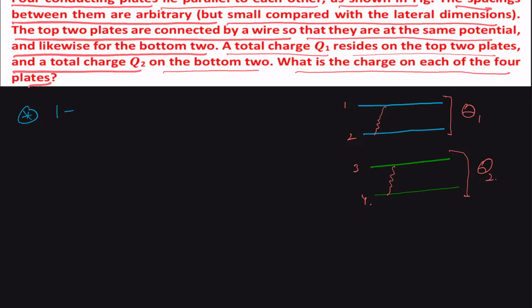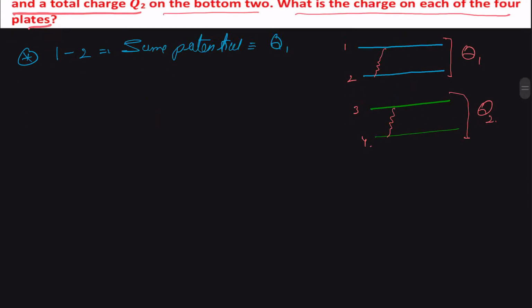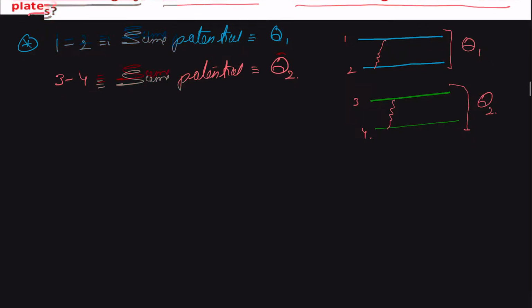Therefore we can say 1 is connected with 2, so they will be at the same potential, and the total charge on this is given as Q1. Plates number 3 and 4 are also connected, so they will also be at the same potential, and their charge is given to us as Q2.